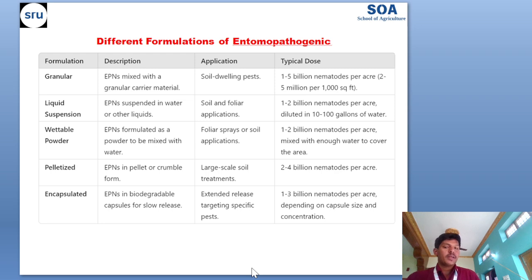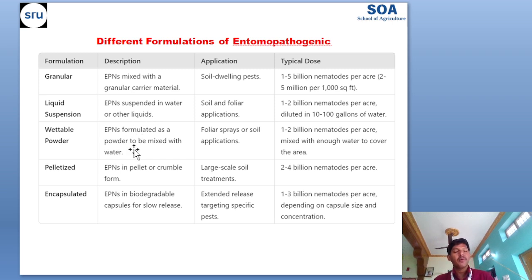Different formulations of entomopathogenic nematodes. Entomopathogenic nematodes are available in granular form, liquid suspension, wettable powder form, pellet form, and capsule form. In granular form, the nematode is mixed with granular carrier materials. In liquid suspension, the nematodes are suspended in water or any other liquids.